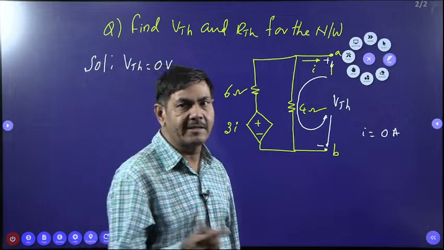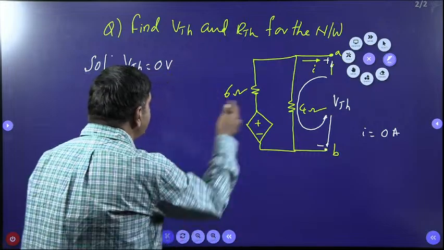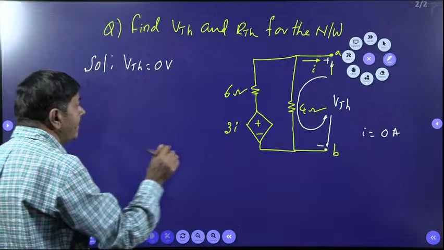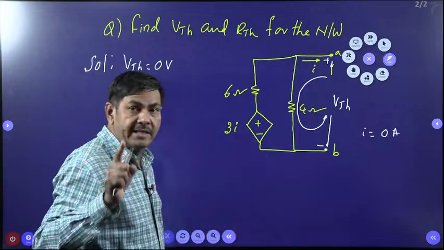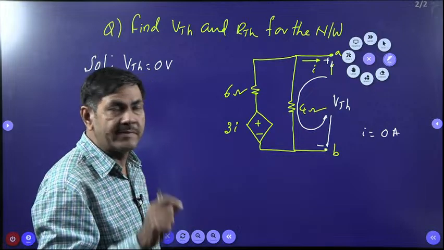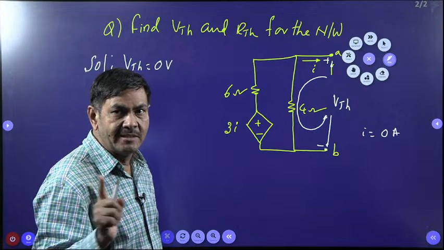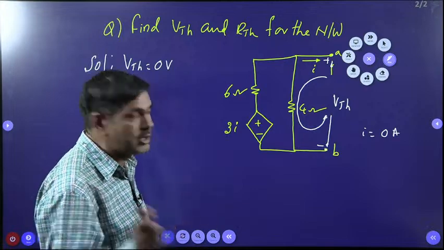Different techniques are there, and I will explain every technique here. To find the RTH, if you have any independent voltage source, directly you short circuit it. If there is a current source, open circuit it. Anyhow, we don't have any independent sources here.